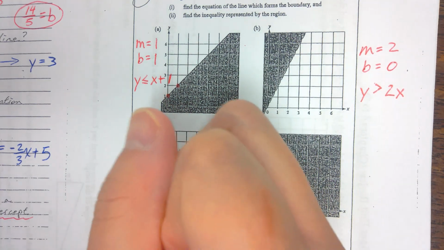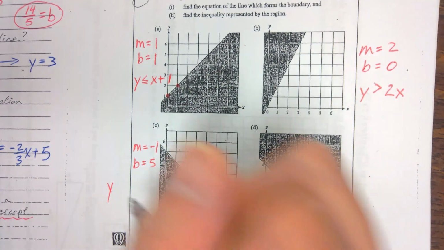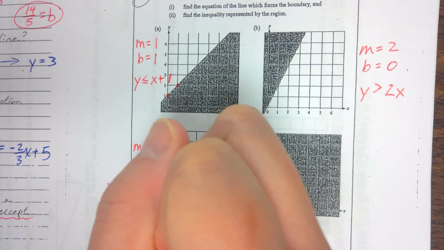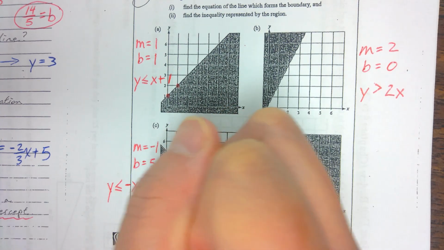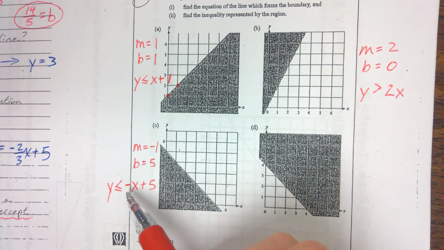Okay, and so my equation, y is, Alisa? Less than or equal to -1x plus 5. -1x plus 5? Yeah. So -x plus 5. Oh, sorry. Don't be sorry. That's why I'm going over this with you, so that you don't make that mistake.